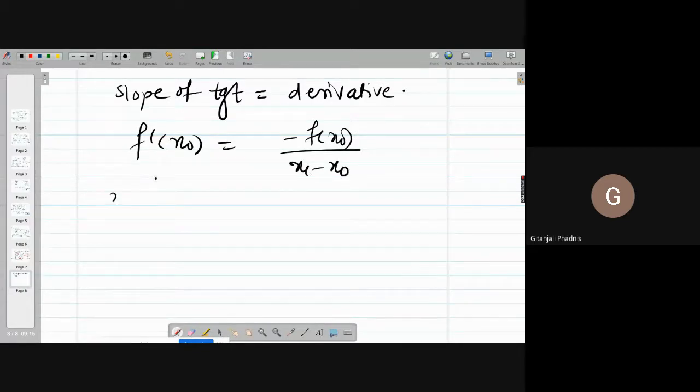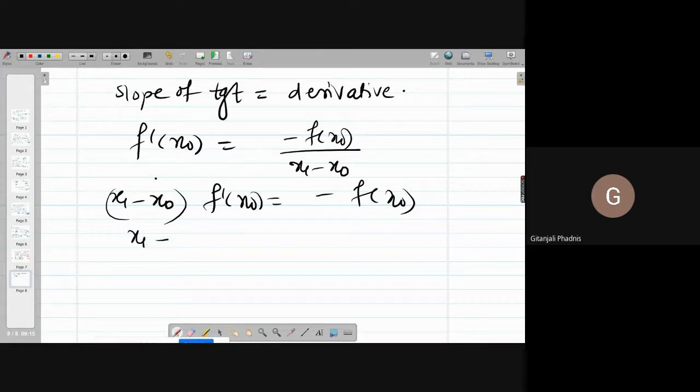Now if you rearrange this, x1 minus x naught into f dash x naught is equal to minus f(x naught). So it will be x1 f dash x naught minus x naught f dash x naught is equal to minus f(x naught). Okay.